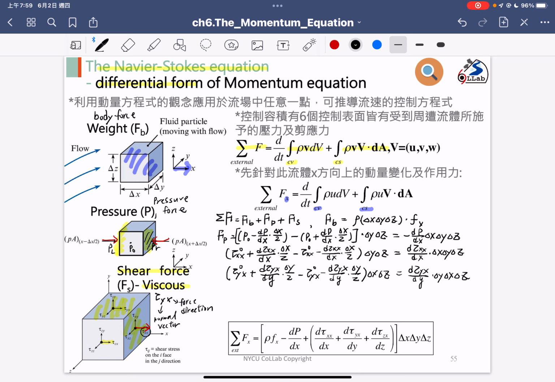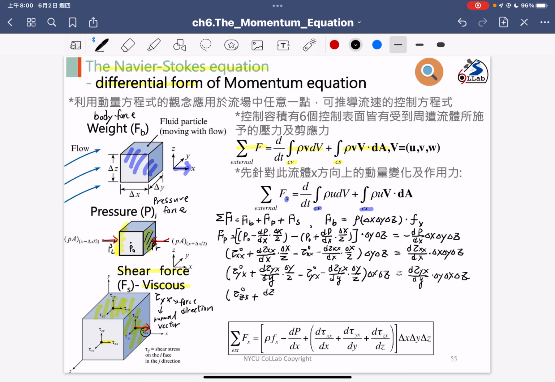So we still have the final shear stress related to tau z x0. So we plus d tau z x. Sorry, I corrected it.